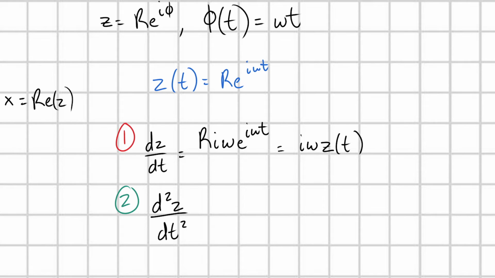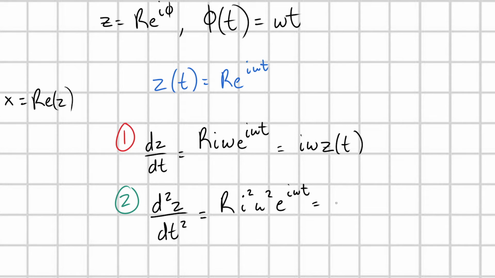And this is going to be equal to r times i omega times an i omega again, right? So this is r times i squared omega squared times e to the i omega t. Just a really dumb question: what is i squared? We know that i squared is minus 1, because that is how we define i.